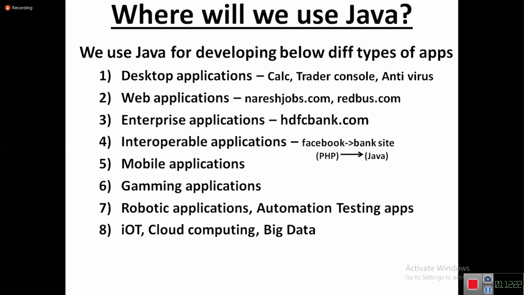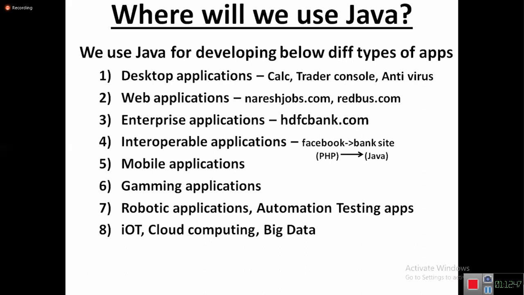That application is also one program, no? That program comes under what type of application? That program comes under data science application, data analytics application, machine learning application, artificial intelligence application.